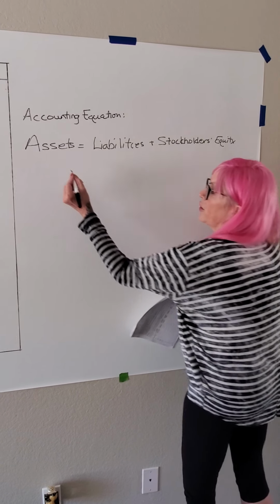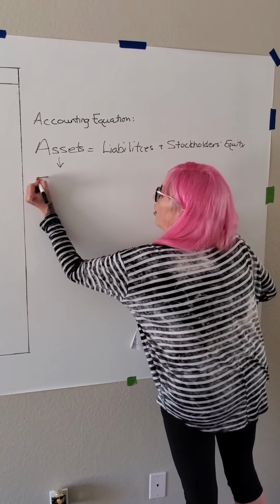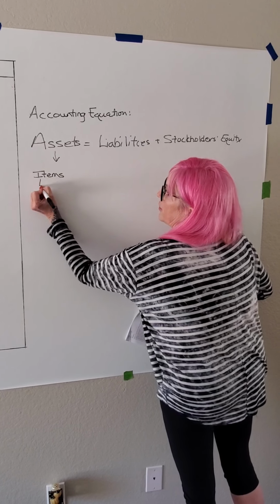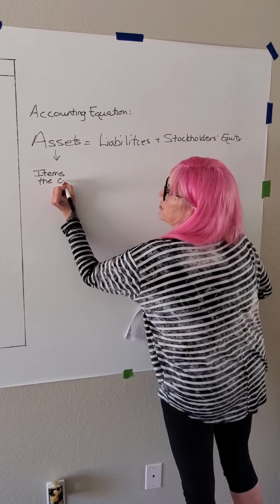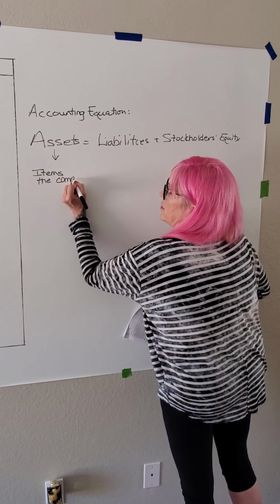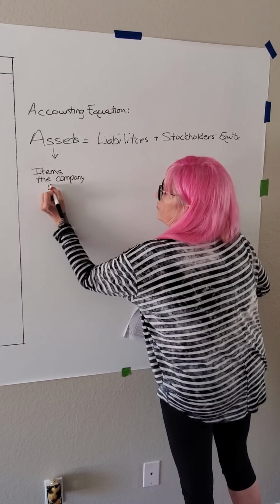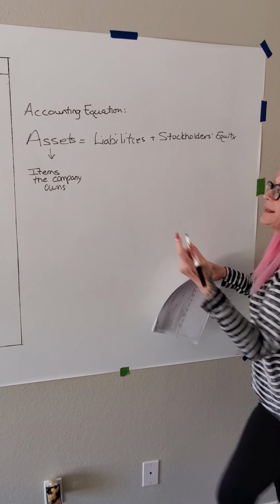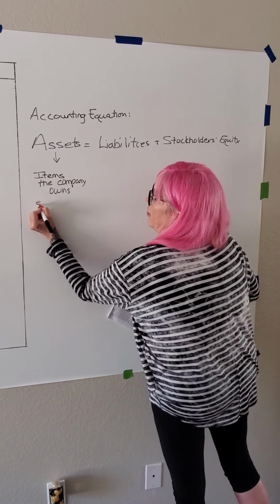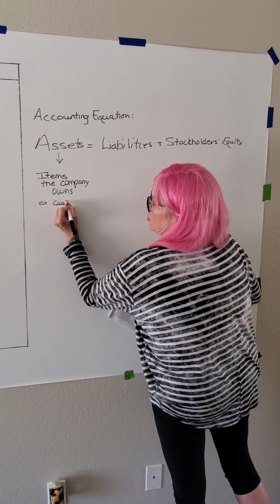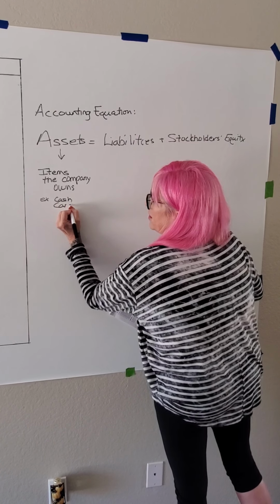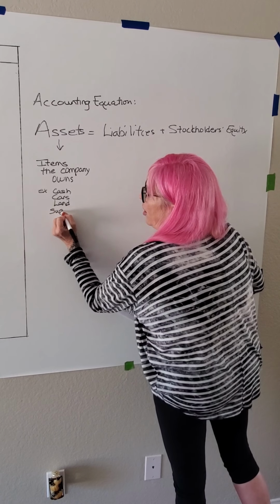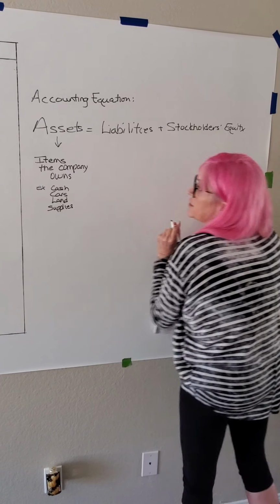So what are assets? Assets are items the company owns. Right? So cars, computers, cash. So examples: cash, cars, land, supplies. These are all things that the company owns.